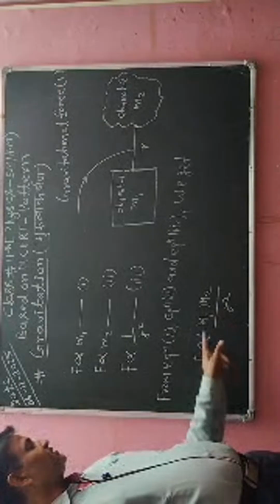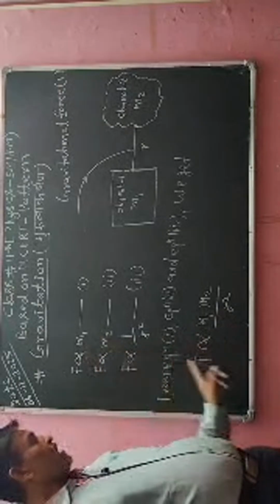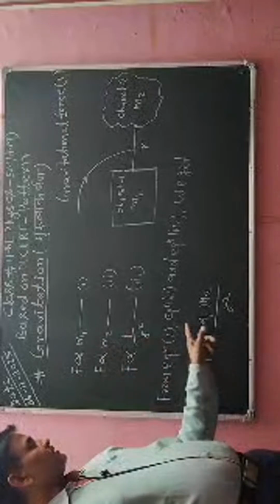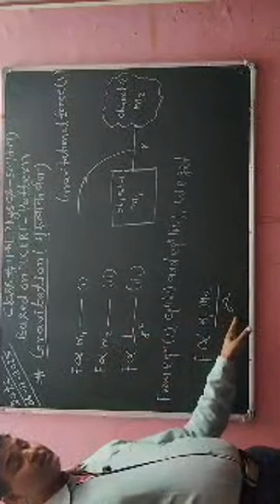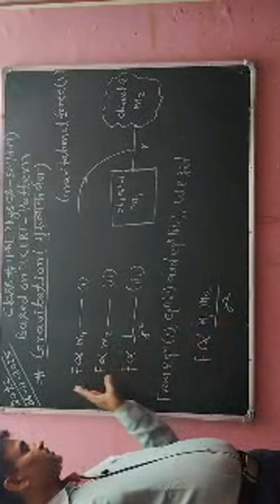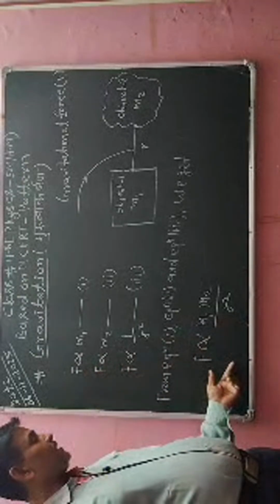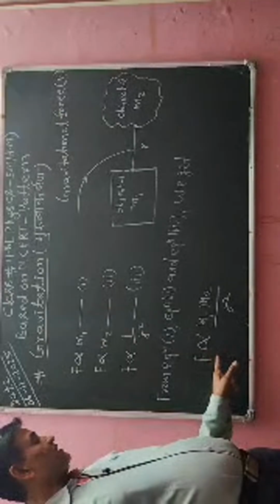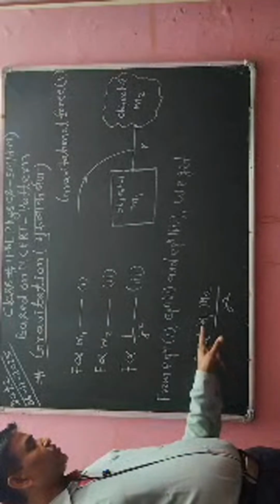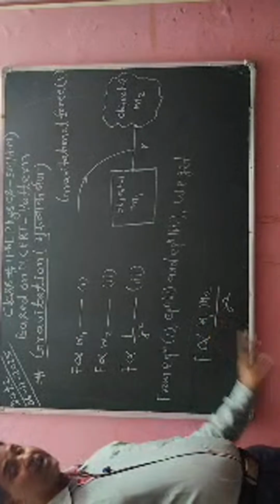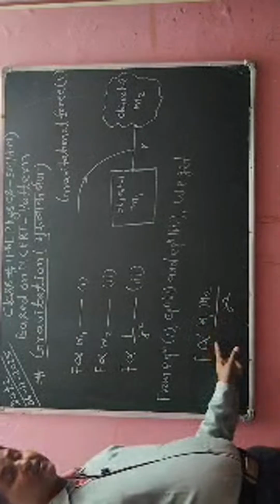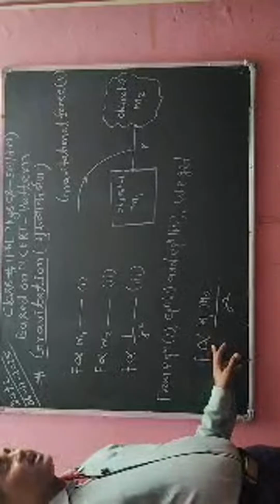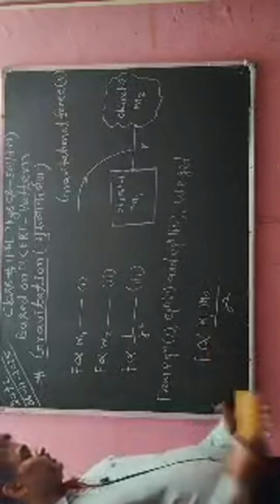It means that F is directly proportional to M1, F is also directly proportional to M2, and F is directly proportional to 1 by R square. So all these three equations combine to give F directly proportional to M1 M2 divided by R square. This is the proportionality sign, and I will remove it with a constant capital G.